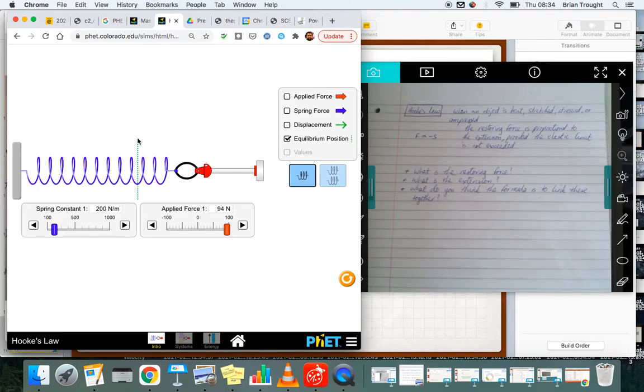But the extension is always from the natural length position out to where it is when the force is exerted on it. So again, one last time. That's the natural length, and then the extension is the distance that the spring is stretched to the right of that. In other words, we're looking at the distance from there to there, and we're ignoring the rest of the spring. So that's what the extension represents.